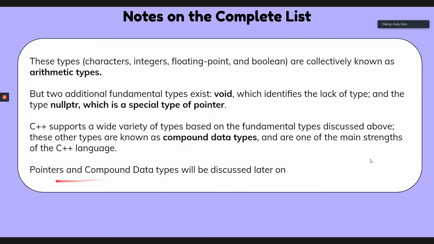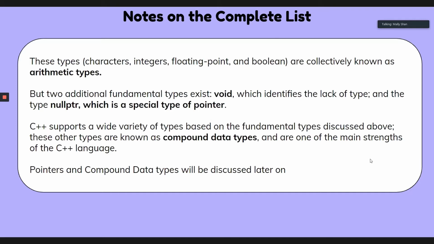And so pointers, like I said, will definitely not be talked about in this camp, but if you go into more advanced C++ classes, then yes, you will be talking about pointers. And then compound data types refer to strings, and you will be talking about strings later on this week. So just as a repeat, compound data types are the combination of fundamental data types.